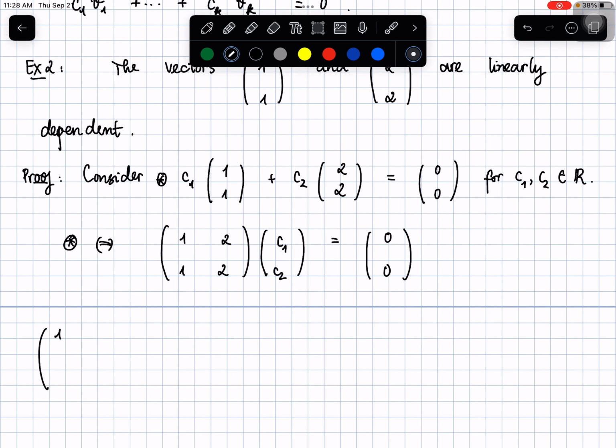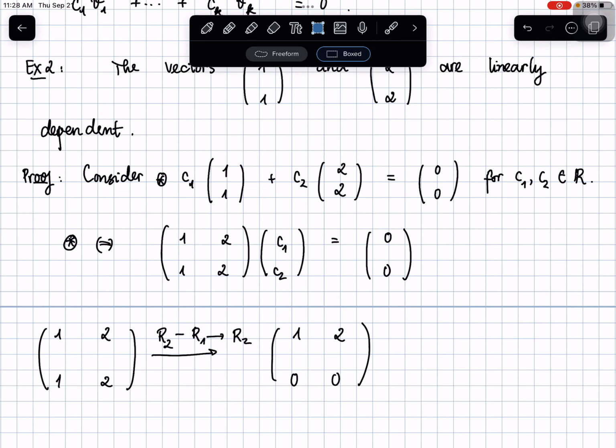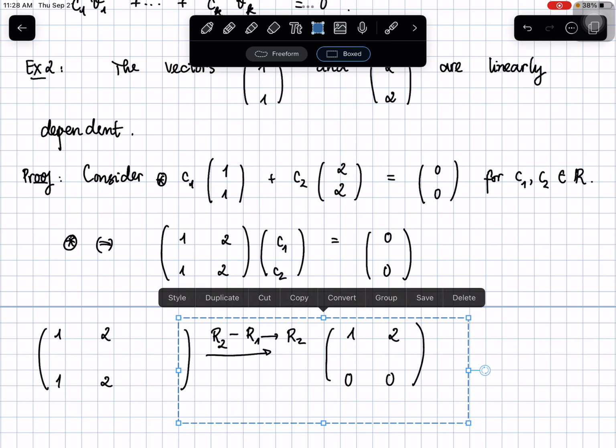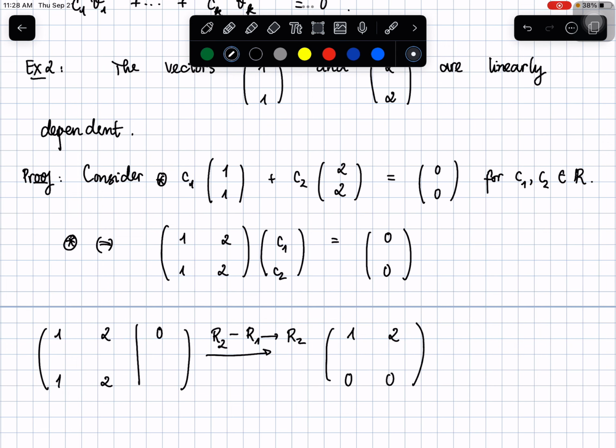This is an easy case, but usually you can just do Gauss-Jordan elimination to do that. So row 2 minus 2 row 1. And for this example, it is easy, so we can see the solution immediately. But let me write the augmented matrix.